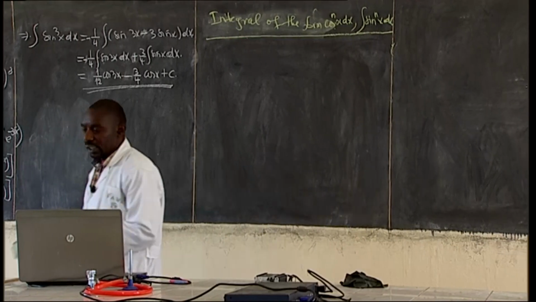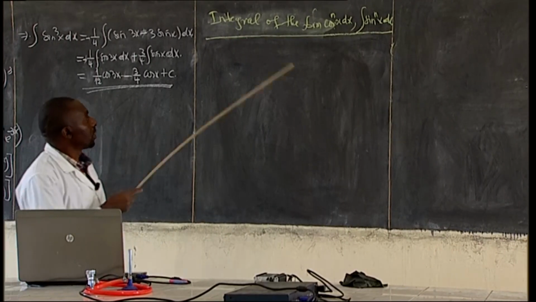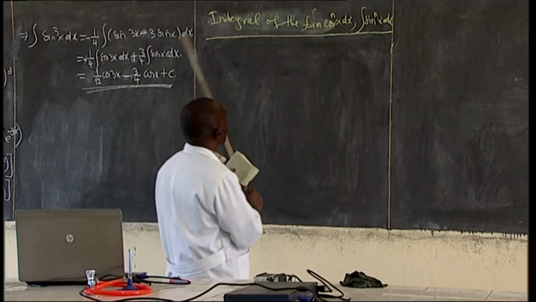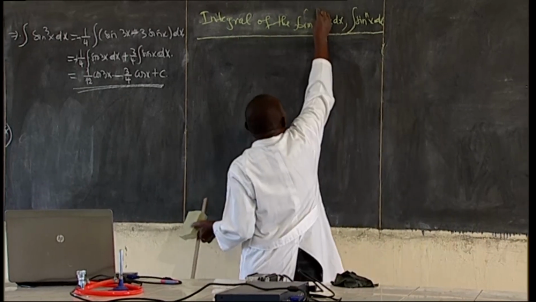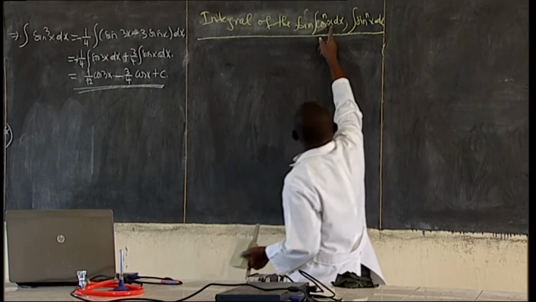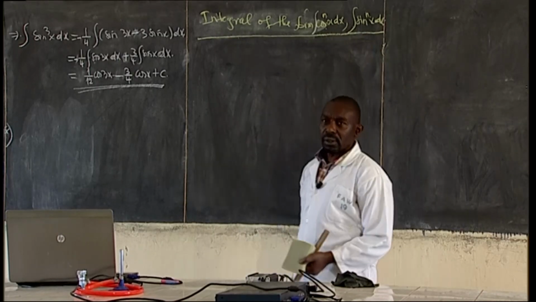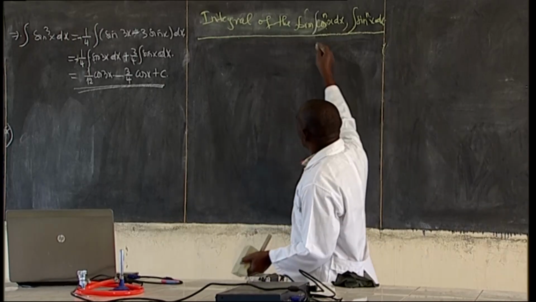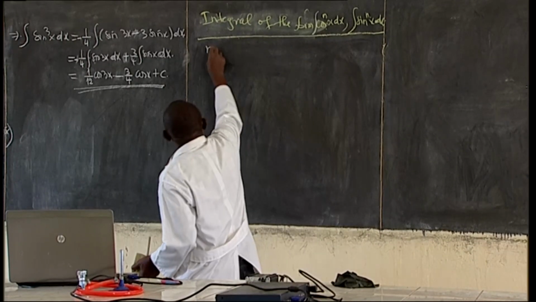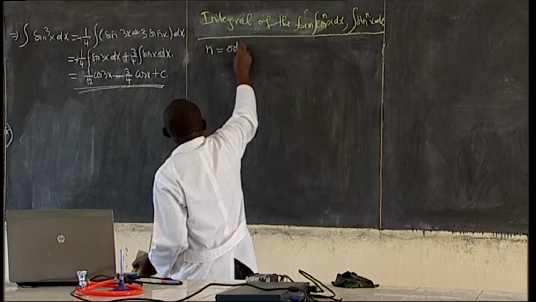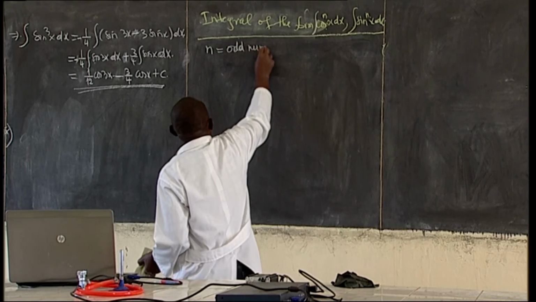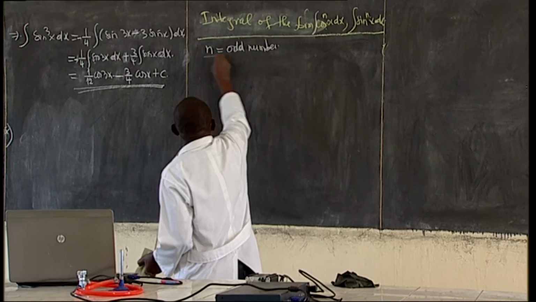Still is integral of this form, integral of cosine nx dx, then integral of sine nx dx. And for this case, we're going to take n to be odd number. Not even.